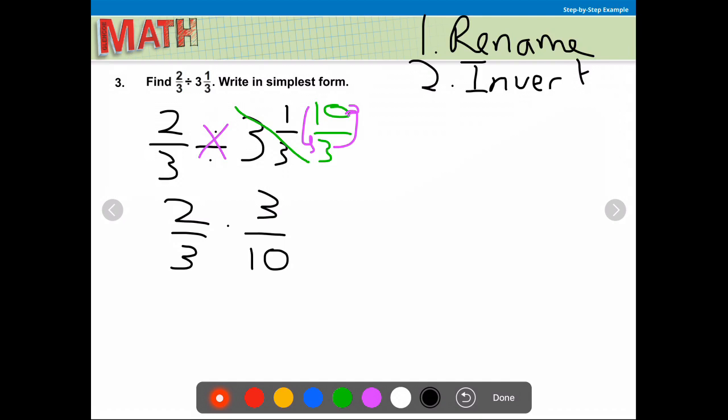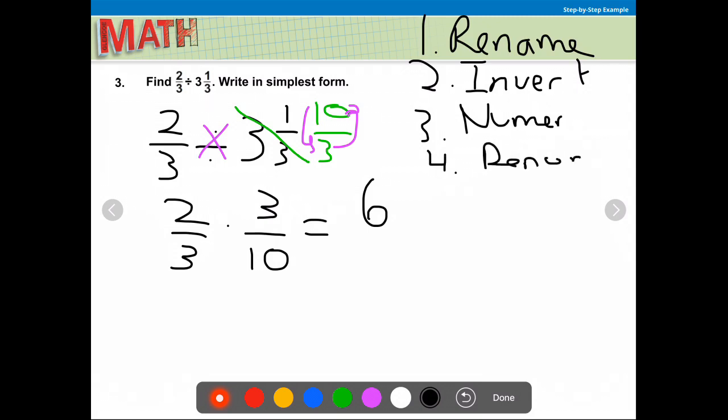And then my third step is multiply the numerators, and that is equal to 6. And step 4 is multiply the denominators, and that is 30. And then step 5 is simplify. And there are some things that we can do once we get good at this. Like we can say 3 divided by 3 is 1. We can get rid of that. But we're just going to wait till the end right now.